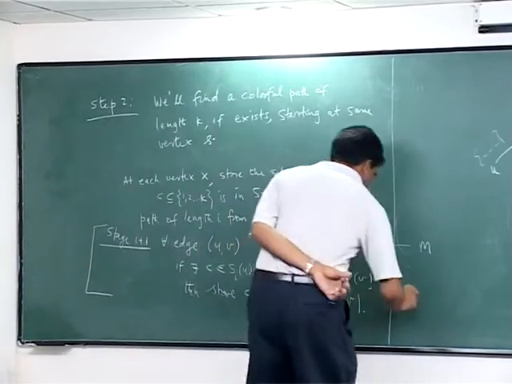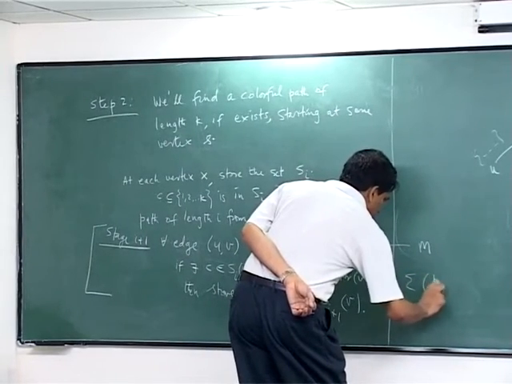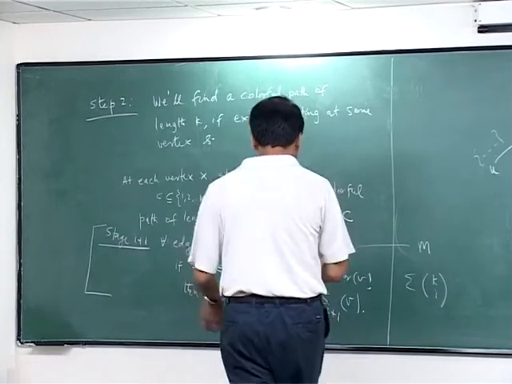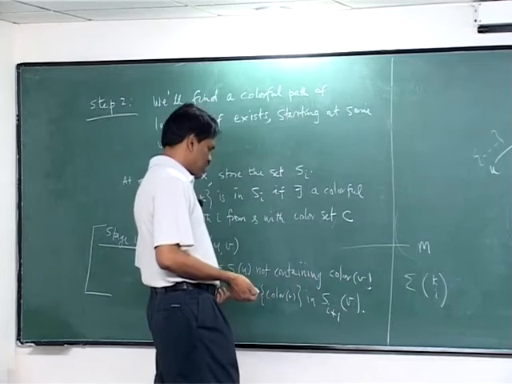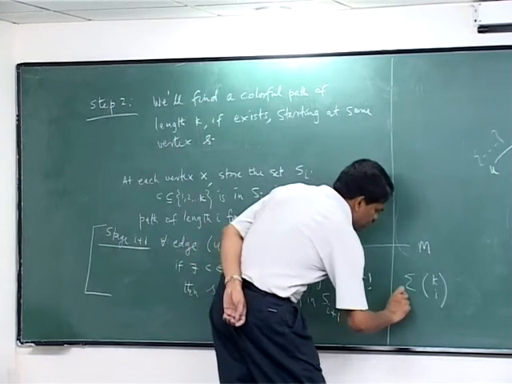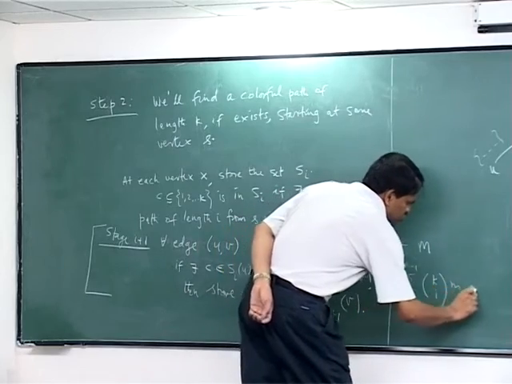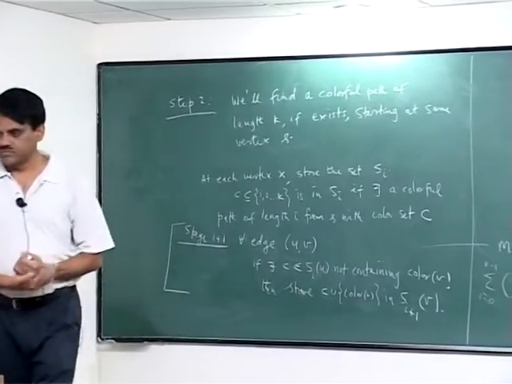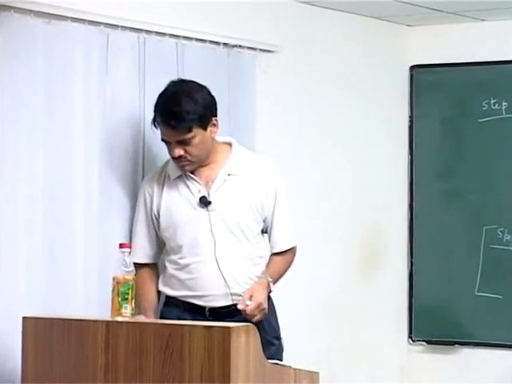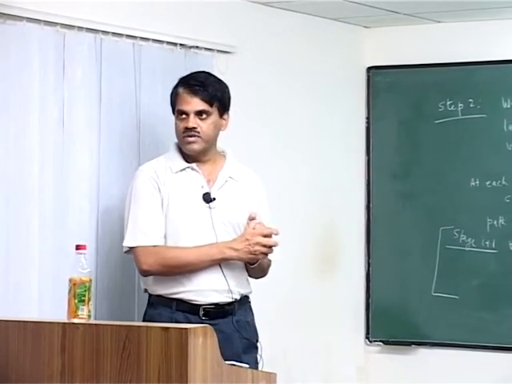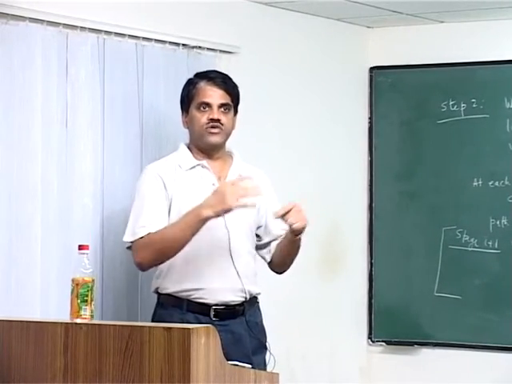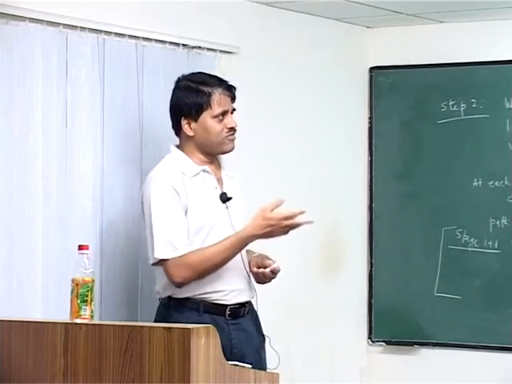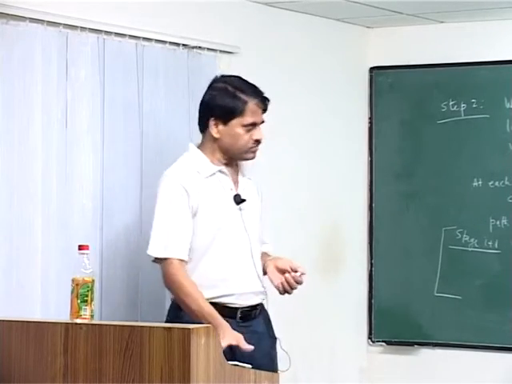So essentially the summation of k choose i is the number of sets you are going to look at, compare, and combine. So it's a very simple dynamic programming algorithm. It checks whether there is a colorful path of length k starting at a vertex. Which also means, since I'm trying out every vertex, you will check whether there is a colorful path of length k.